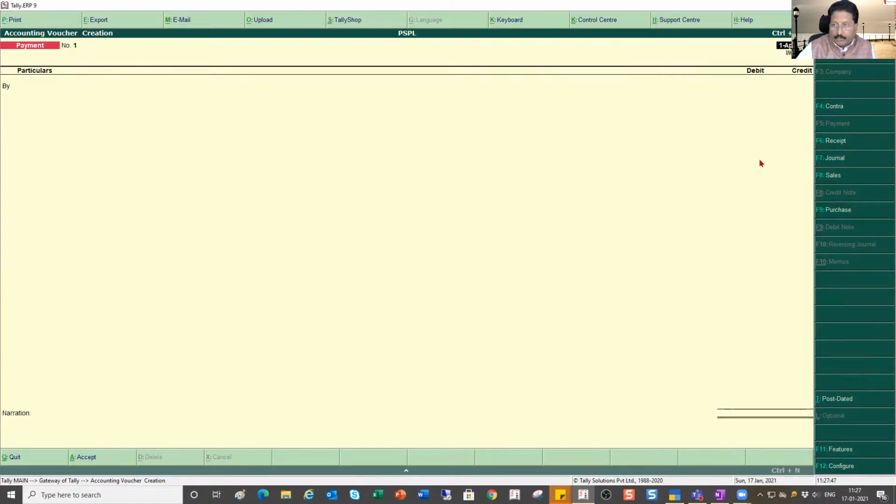I press F6, and now you see the title on the left says Receipt Voucher. So you make your receipt voucher. Now, if you want to do a contra entry, you press F4 and you get the contra voucher. You'll notice that Tally ERP gives a different color for each voucher type, so that over a period of time you are able to quickly identify the voucher.